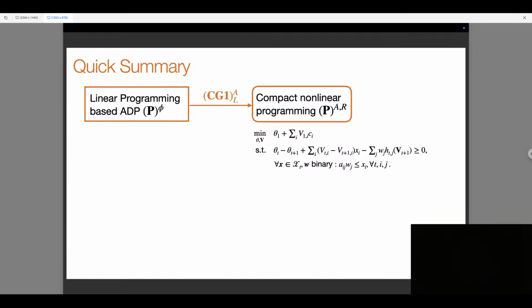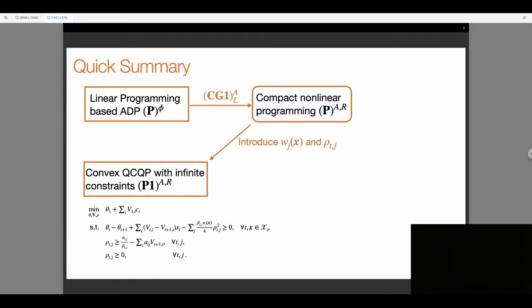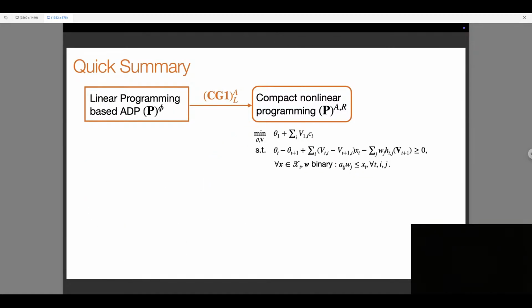But here the decision variables and the constraints have constraints inside the constraint that prevent us from putting the PAR into a commercial solver.